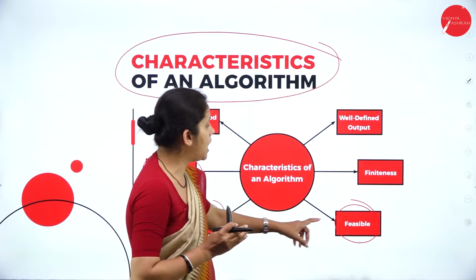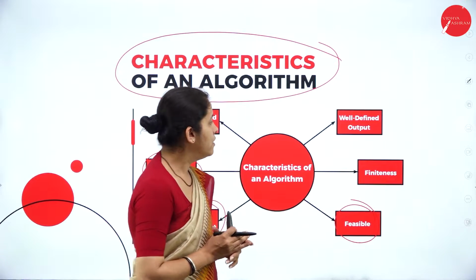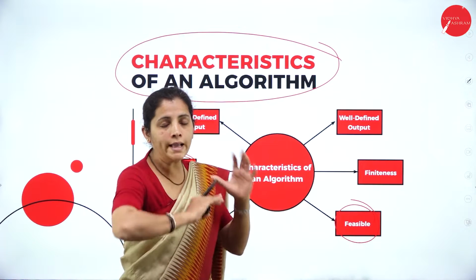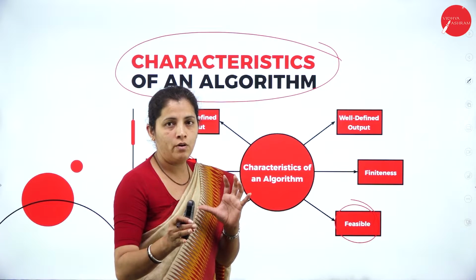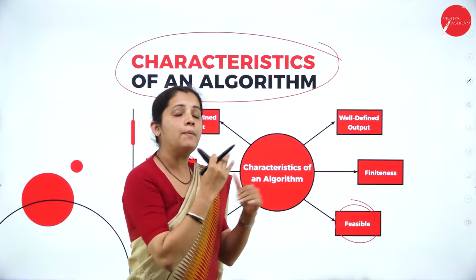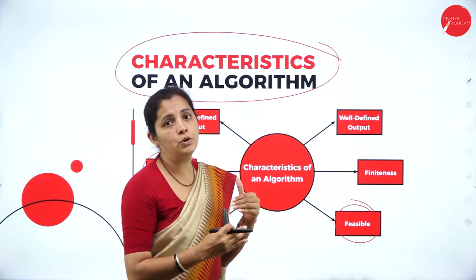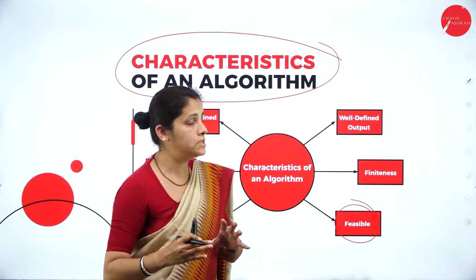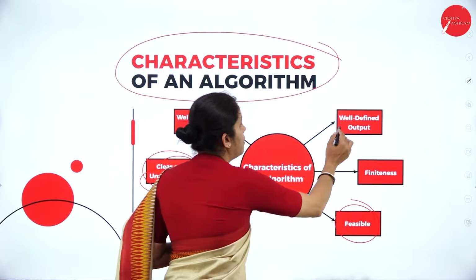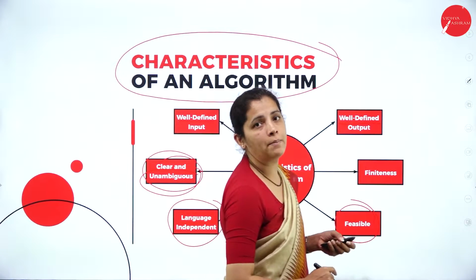All those things are defined. Next, finiteness. So exactly where I want to stop, and from where I'm going to start. After completing how many steps I'm going to stop my process, that is also defined. At the same time, I'm expecting a well-defined output.